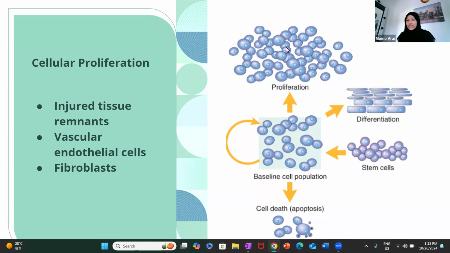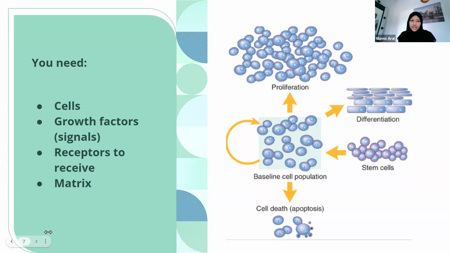This is called proliferation. Or it can die if there's any damage, or if the lifespan of the cell was reached. That's called cell death. So this is what a cell can undergo normally, and then we'll talk about what happens in injury.